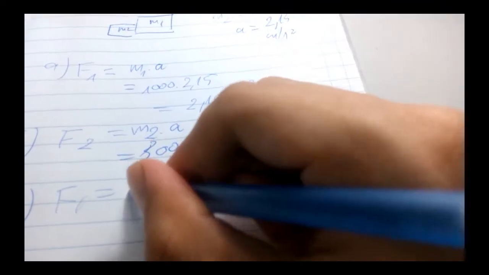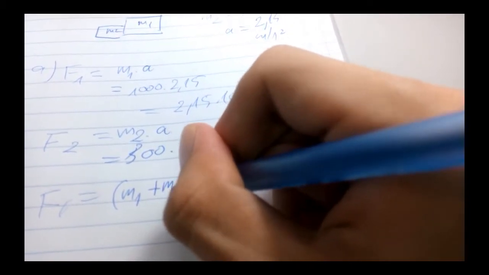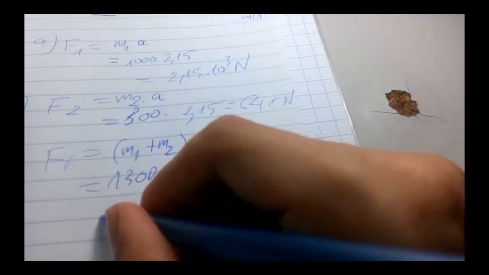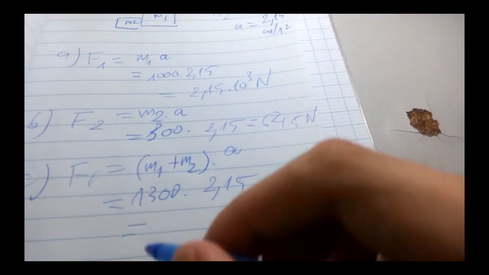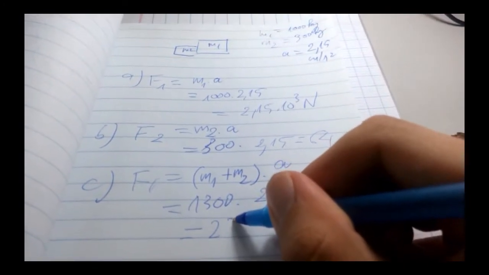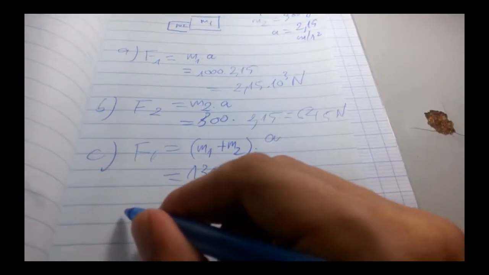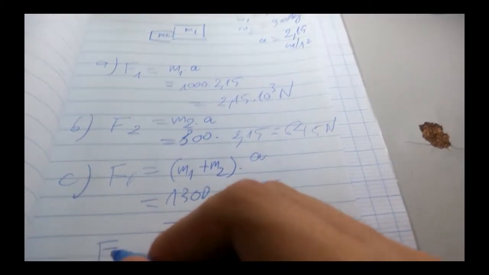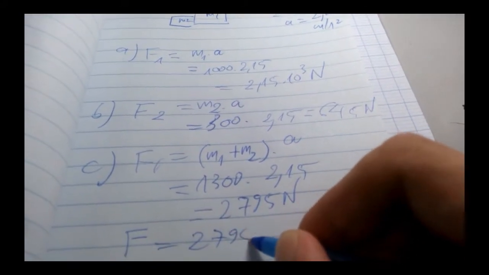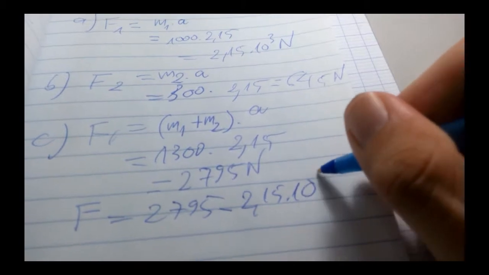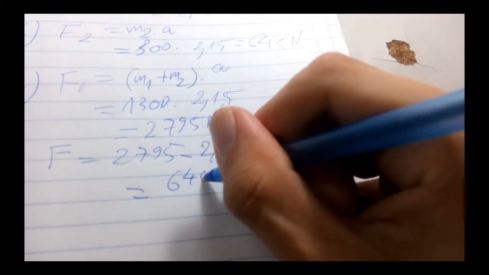That means F equals mass 1 plus mass 2, multiplied by the acceleration, and yes, it would be 2,795 Newtons. So to find the force of the trailer on the car, we have to subtract the force on the car, which is 2,550 here, and it equals 645 Newtons.